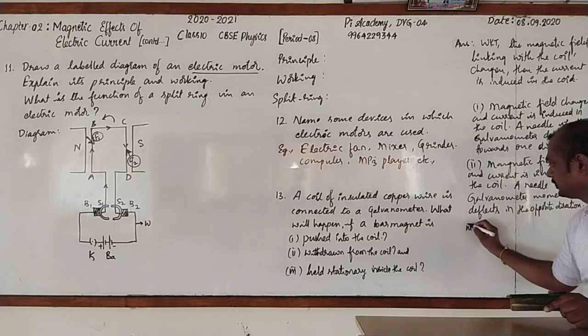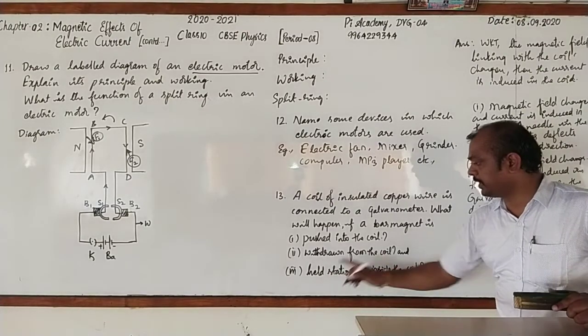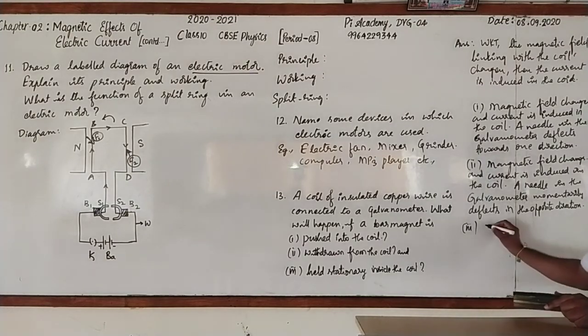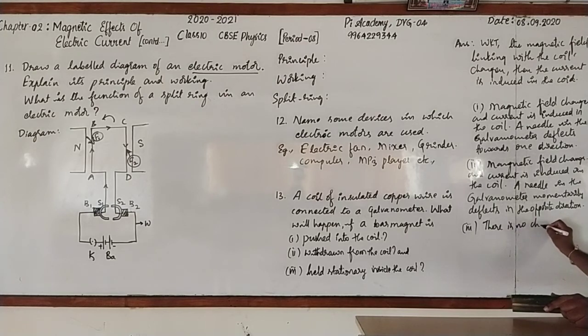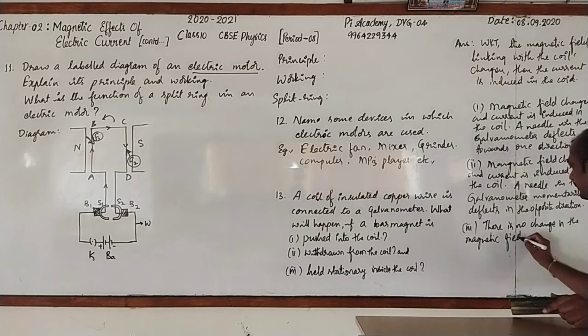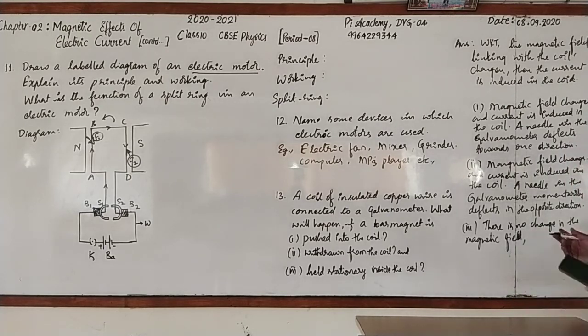Next, third one, when the bar magnet is placed stationary inside the coil, there is no change in the magnetic field, therefore current is not induced, and no current is induced.